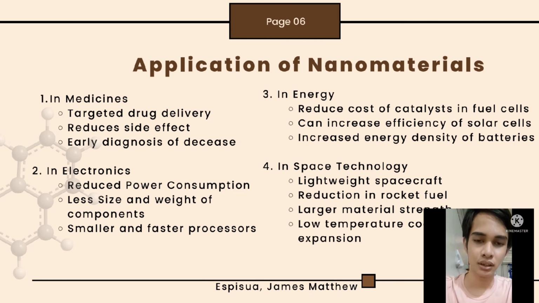In energy, nanomaterials are used to reduce the cost of catalysts in fuel cells. They can increase the efficiency of solar cells, and they also increase the energy density in a battery.